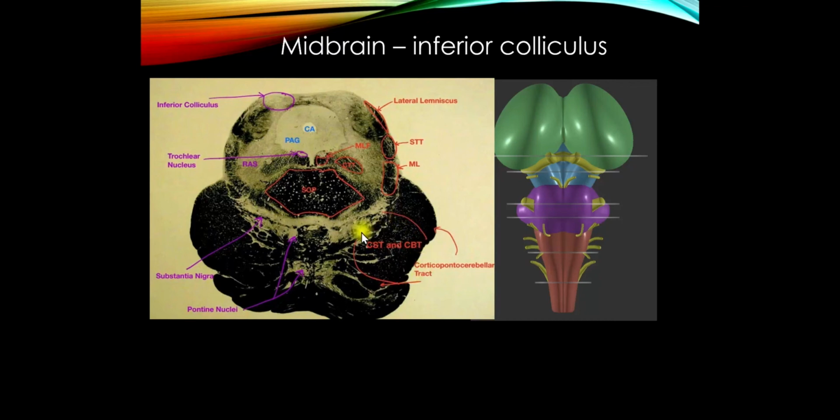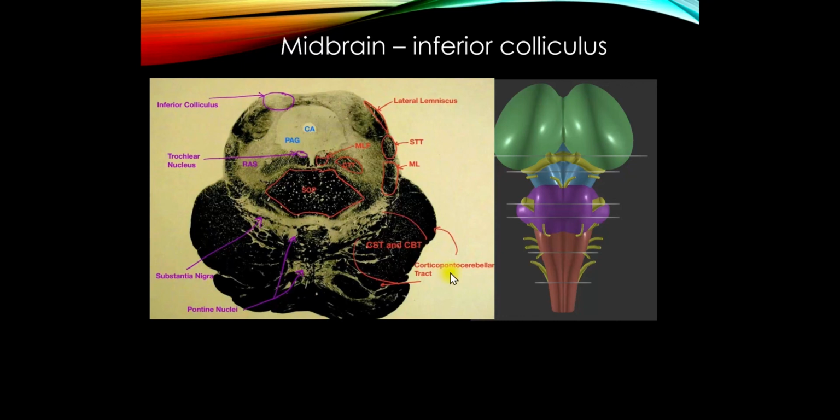The middle portion of the cerebral peduncle is made up of the corticospinal tract and the corticobulbar tract. So remember, the corticospinal tract is supplying anterior horn cells on the opposite side of the spinal cord to move your arms and legs. The corticobulbar tract supplies the lower motor neurons in the brainstem. Okay, and I'll show you a diagram of that in just a minute.